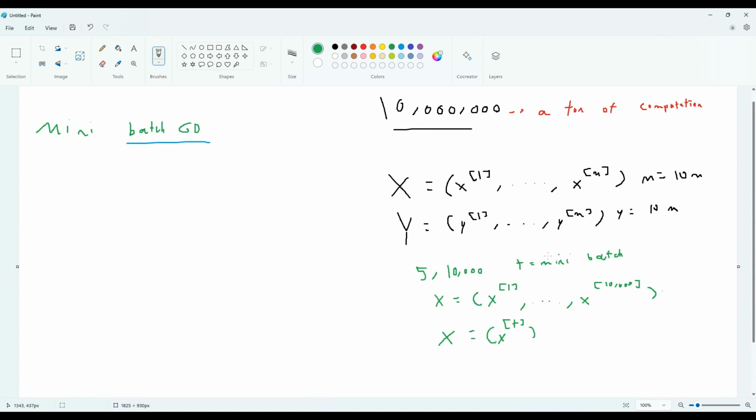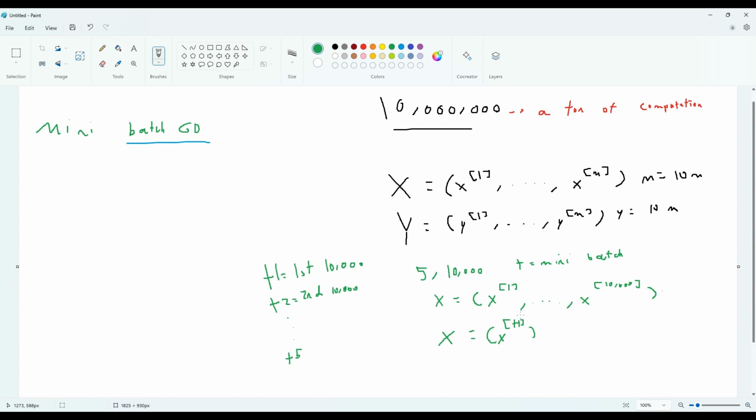Sorry for the terrible handwriting. So T1 is the first 10,000, T2 is your second 10,000 training examples. Remember, we have 5 of these, and so on until we reach T5.